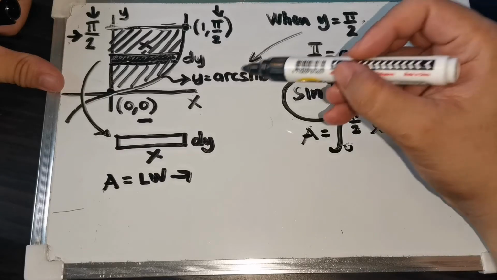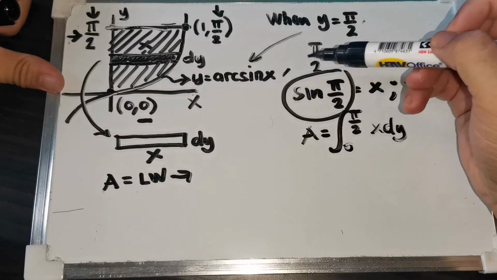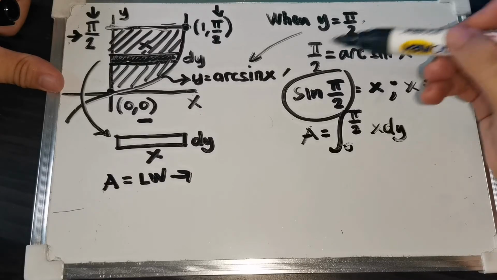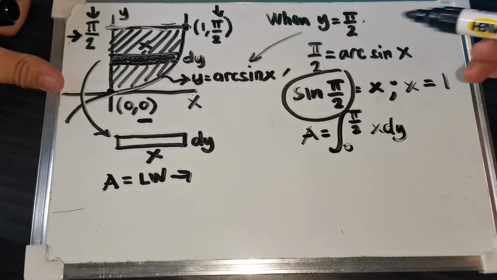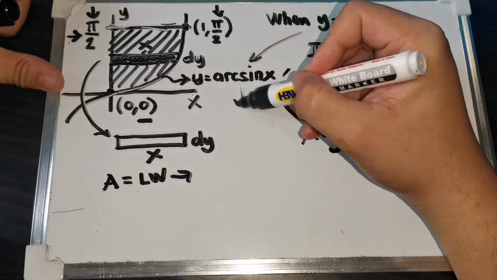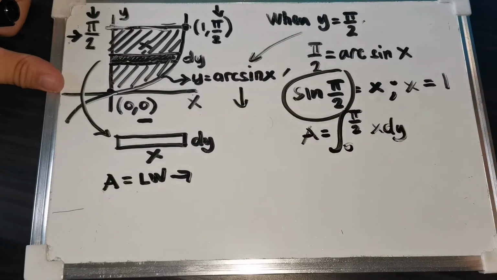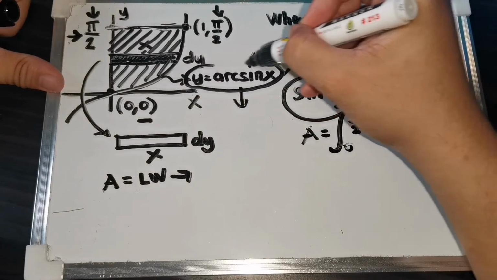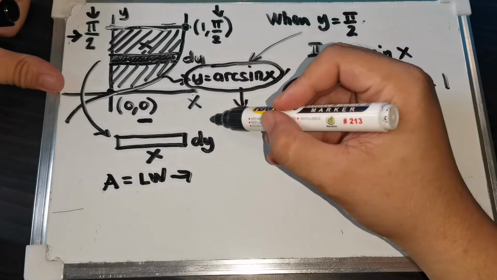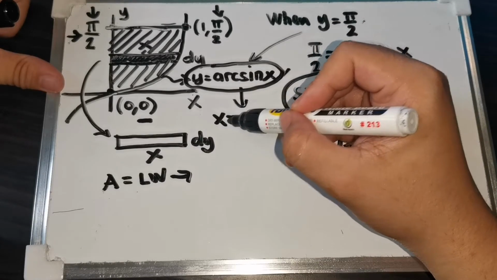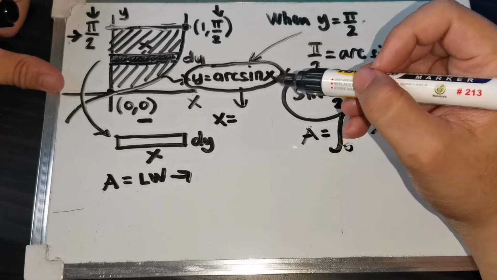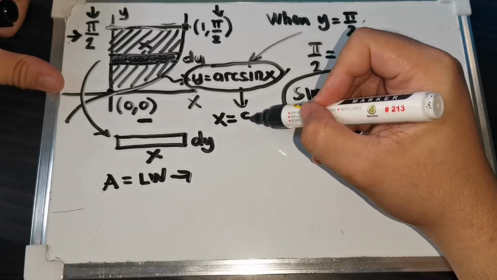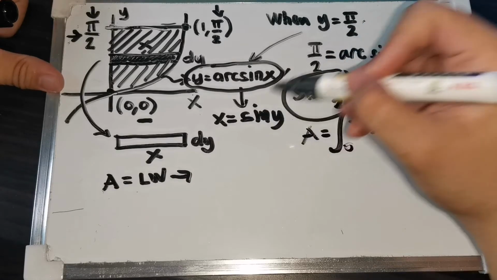Now, if y is equal to arc sine x, how can we simplify this? What is the value of x in terms of y? We can rewrite the given function as x equals sine y.